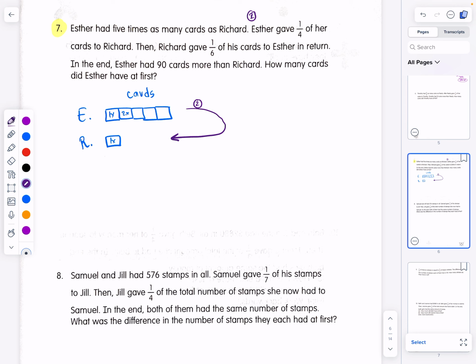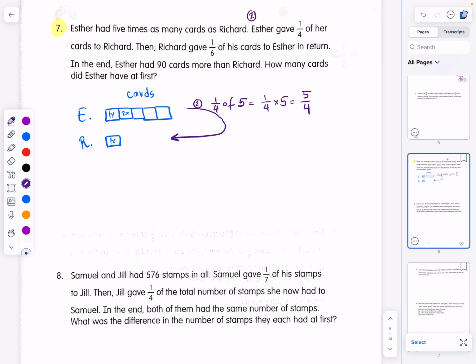She gave 1/4 of 5 units to Richard. 1/4 of 5 is the same as 1/4 times 5, and it's 5 quarters. We can keep it as 5 quarters. We can also make it into 1 1/4. So now we know that Esther gave 5 quarters to Richard.